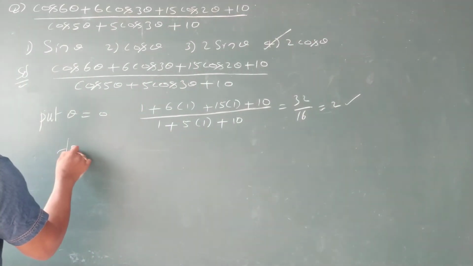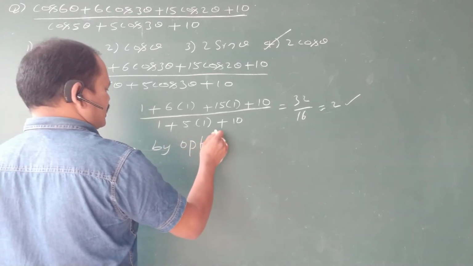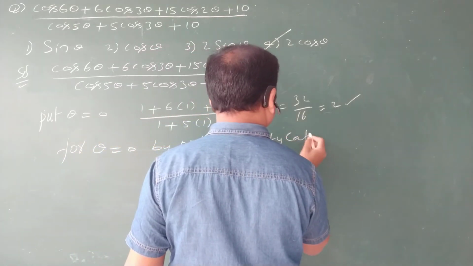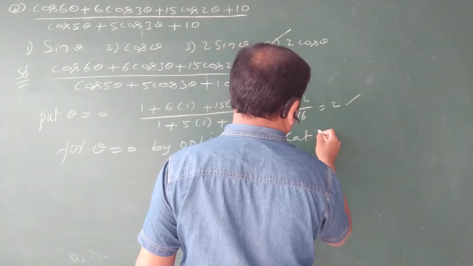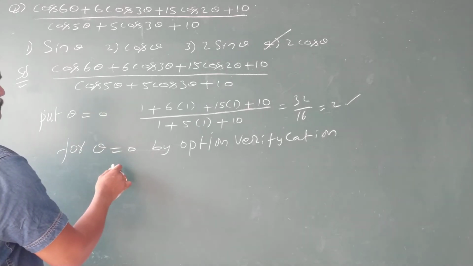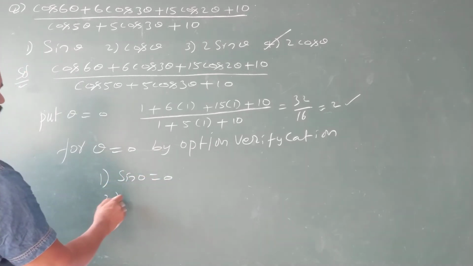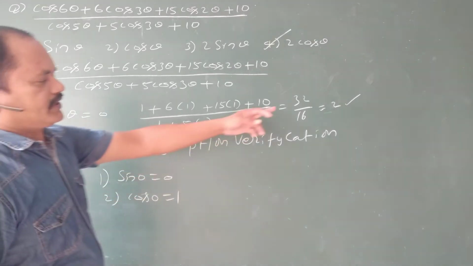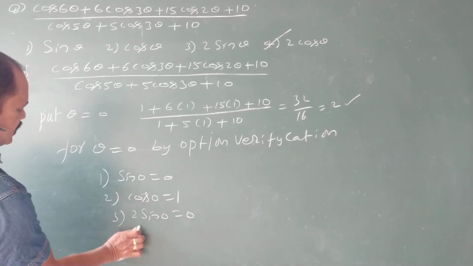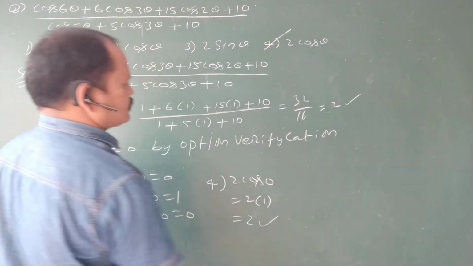Since for theta is equal to 0, by option verification, first option sin 0 is 0, second option cos 0 is 1, but it gives 2, and third option 2 sin 0, that is 0, and fourth option 2 cos 0, that is 2 times 1, 2.